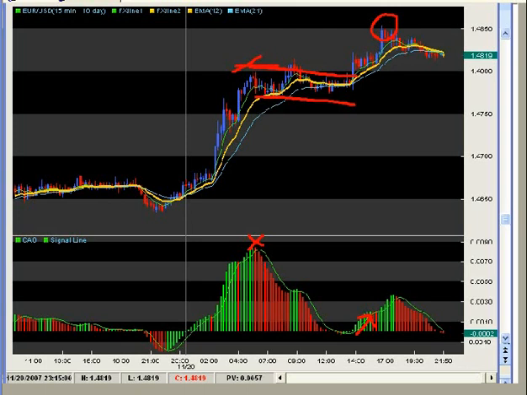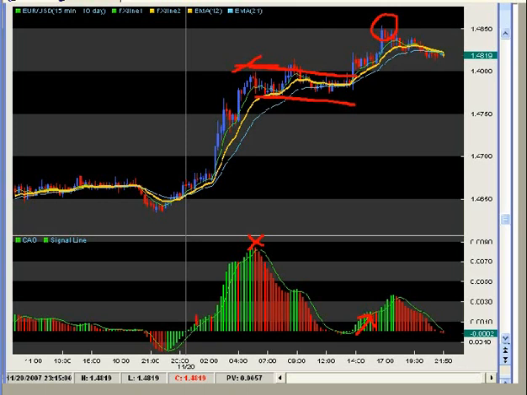At the beginning of a trend, he would buy the market on the 3rd green bar of the awesome oscillator, so pretty well right here. That would be a second entry signal.